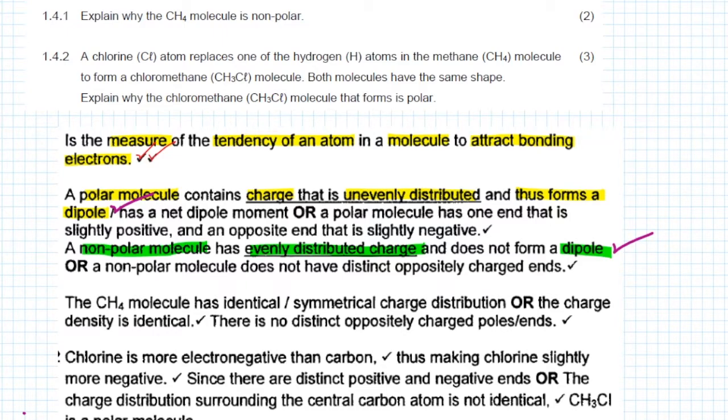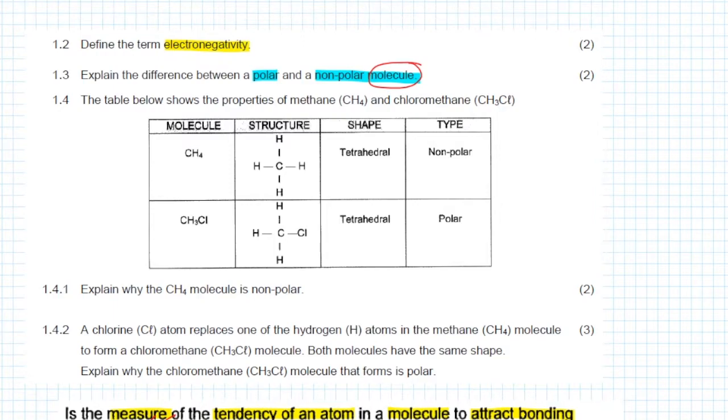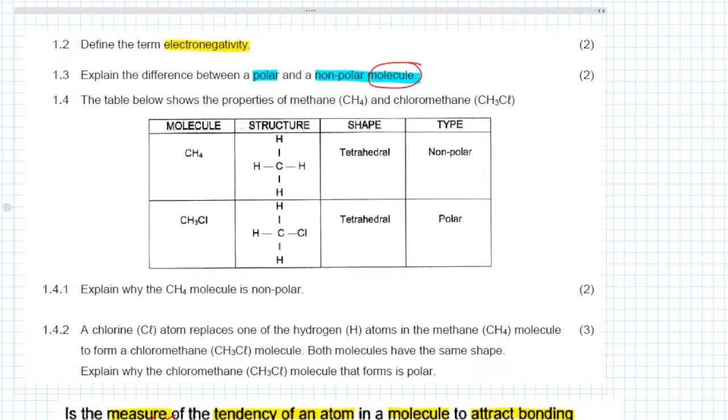But of course, you could have instead said that it does not have poles on its end. So it does not have one side slightly negative and the other side slightly positive. So that gets you your 2 marks for question 1.3. The difference is whether we have these electrons, the charges, evenly or unevenly distributed.